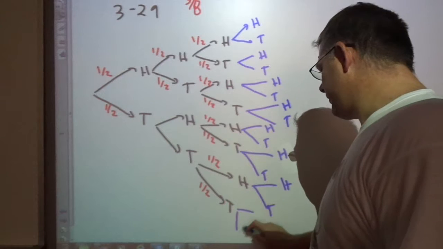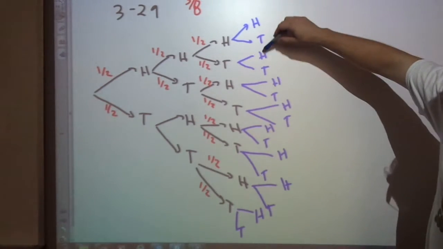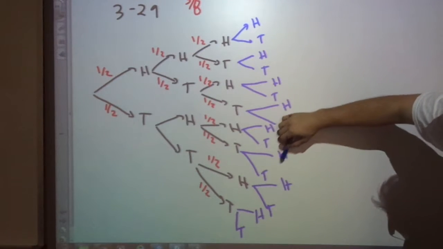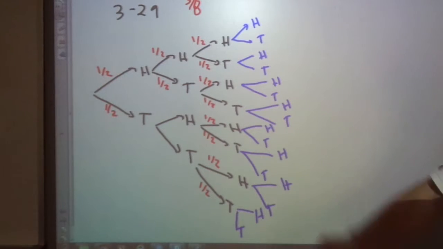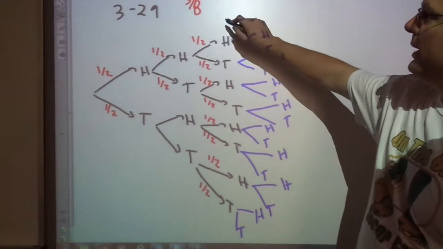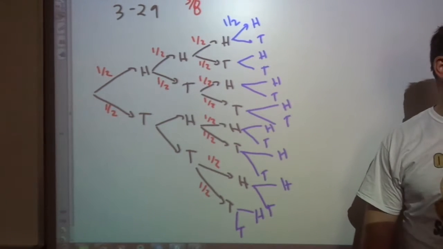Now we've got all the different possibilities. How many possible outcomes are there here? It's 1, 2, 3, 4, 5, 6, 7, 8, 9, 10, 11, 12, 13, 14, 15, 16, and they are all equally likely. They would be 1/2 times 1/2 times 1/2 times 1/2, which is 1/16. Each of these has a 1/16 chance of happening.